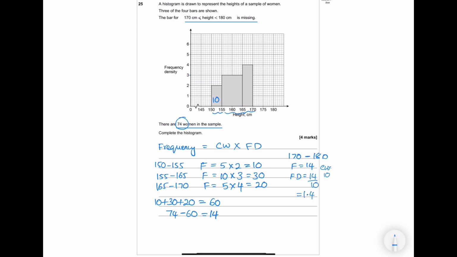So let's complete the bar on the histogram, 1.4 till 180. So that's the missing bar.